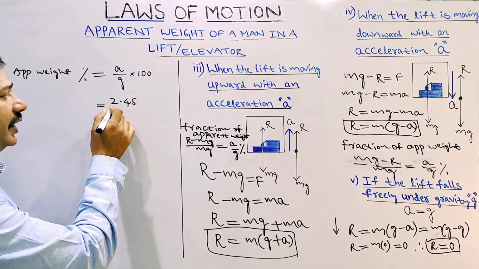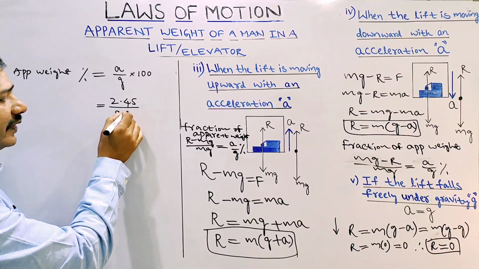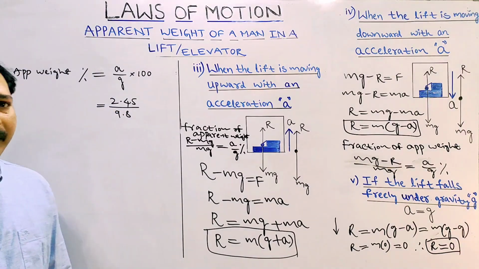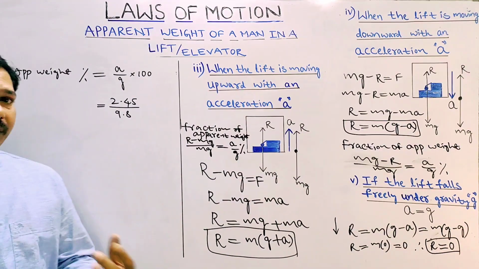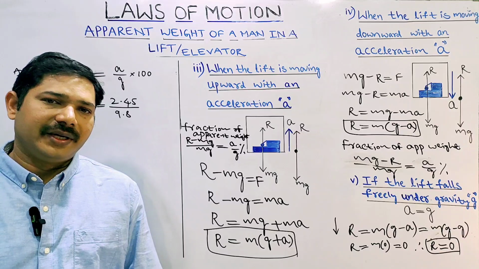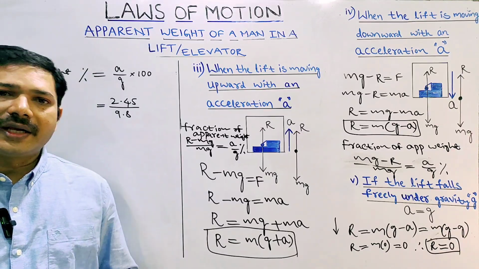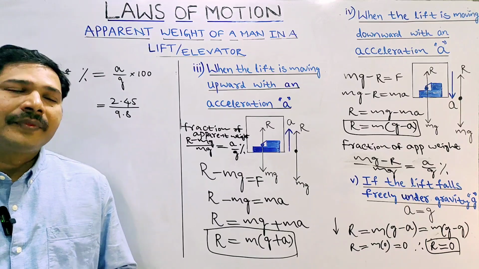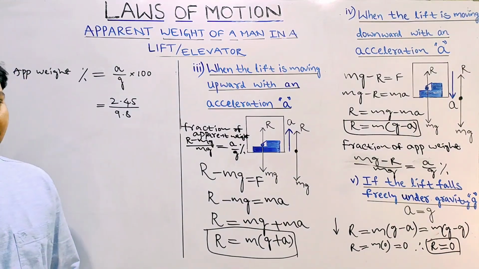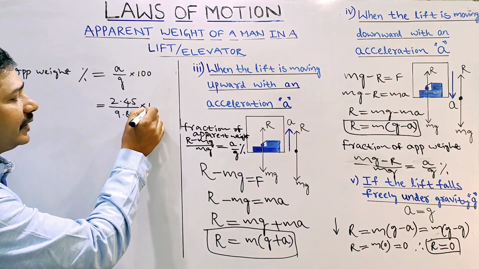The g value is not given, so that is why I am taking 9.8 meter per second square. In the previous problem the g value within the bracket was given as 10 meter per second square, so that time we took 10, but in this case it is not given, so we have to take 9.8 meter per second square, into 100.